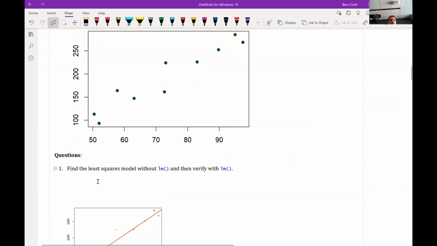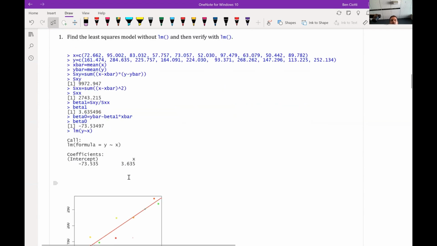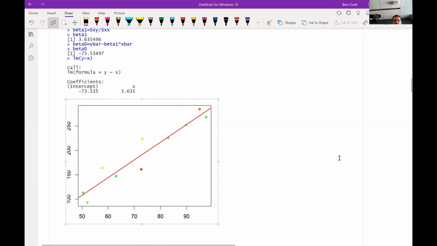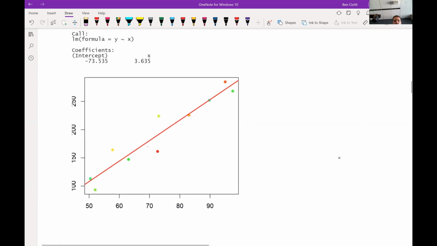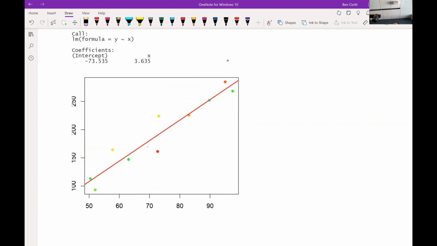So now you see how you could do these computations by hand and verify them with the linear model command in R. And if we plot this line on top of the data, we get a plot that looks like this. So let's see if we can interpret it now. Remember that I told you last time how to interpret the slope and the intercept and the regression line.